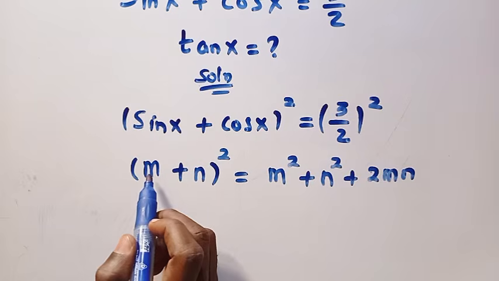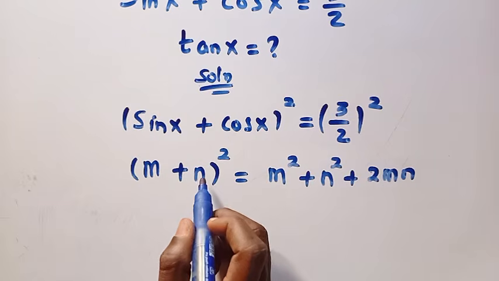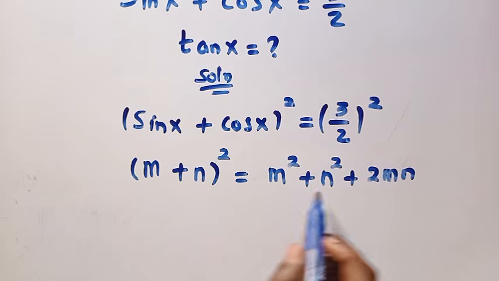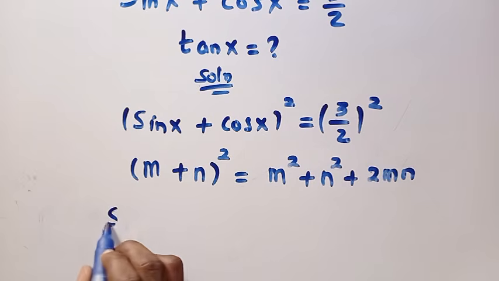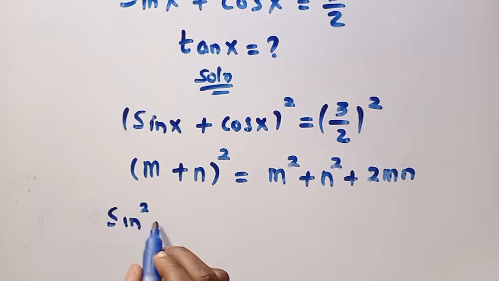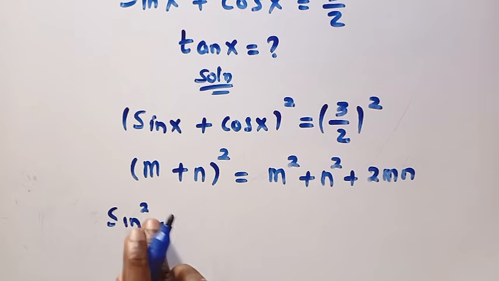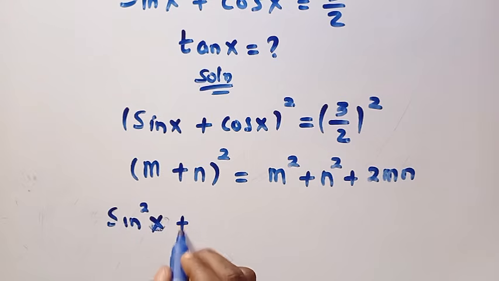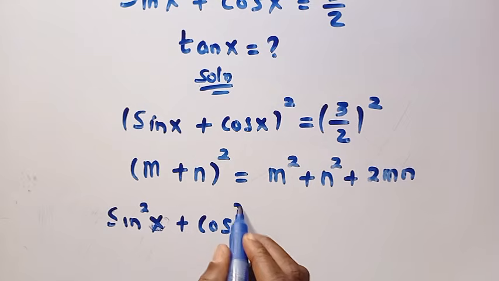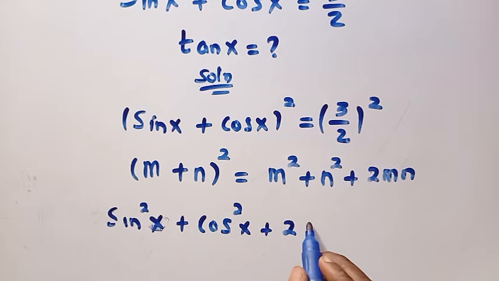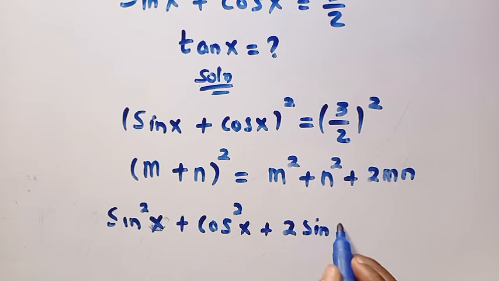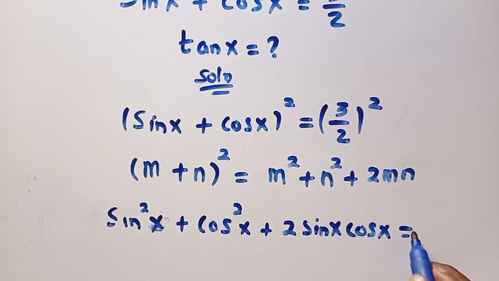If I let sine x be m and cos x be n, applying this expression, we are going to have sine squared x plus cos squared x plus 2 multiplied by sine x multiplied by cos x equals 9 over 4.